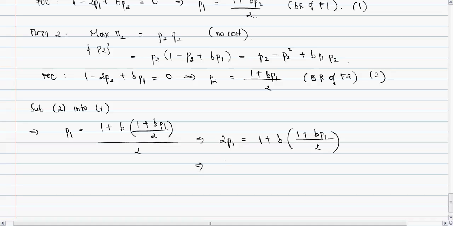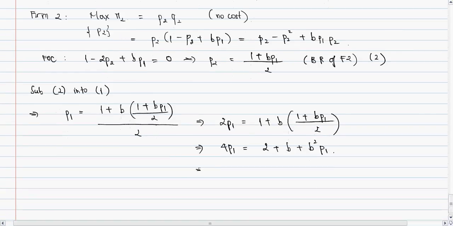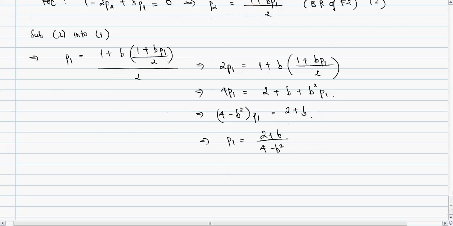Again, multiplying both sides by 2, I get 4P1 equal to 2 plus B squared P1. Moving every P1 to the left hand side, I get (4 minus B squared) P1 equal to 2 plus B, and therefore P1 will be equal to (2 plus B) divided by (4 minus B squared).